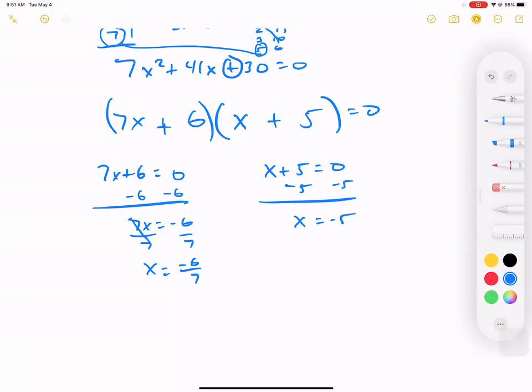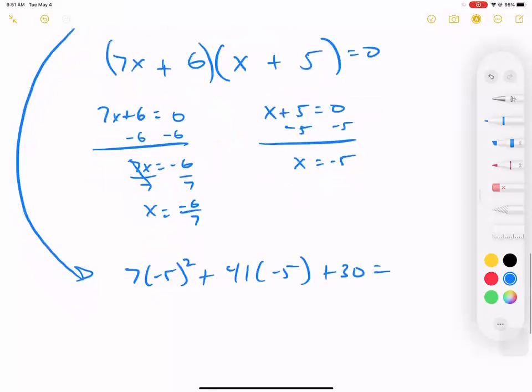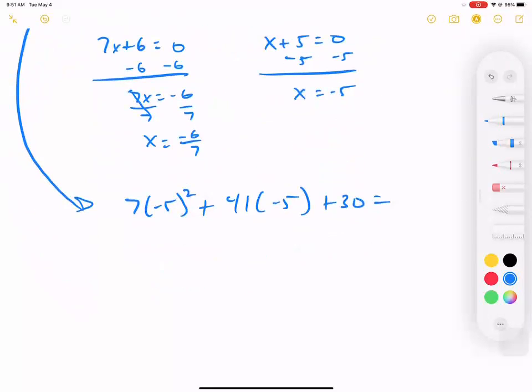Okay, we have two answers here. One's a fraction, we would never have guessed that answer, and the other one is negative 5. Let me go ahead and verify that this works. Let's use negative 5 because that's the easy one. 7 times negative 5 squared plus 41 times negative 5 plus 30. This doesn't even come close to looking like it's going to work. But 5 times 5 is 25. 25 times 7, what's 7 quarters? 7 quarters is 175.